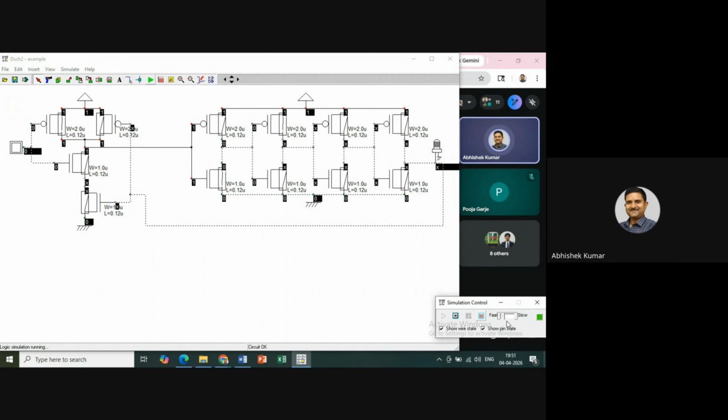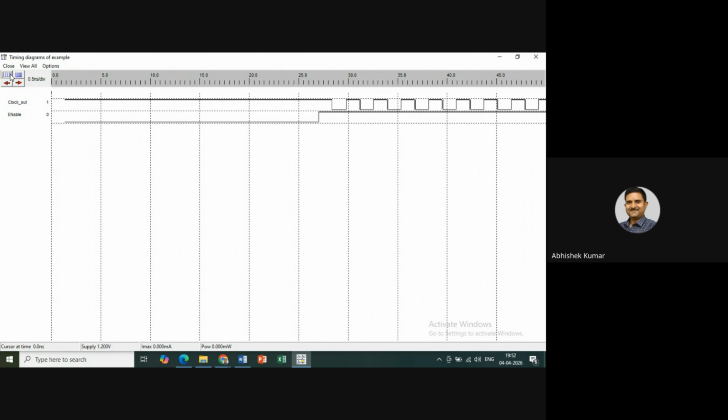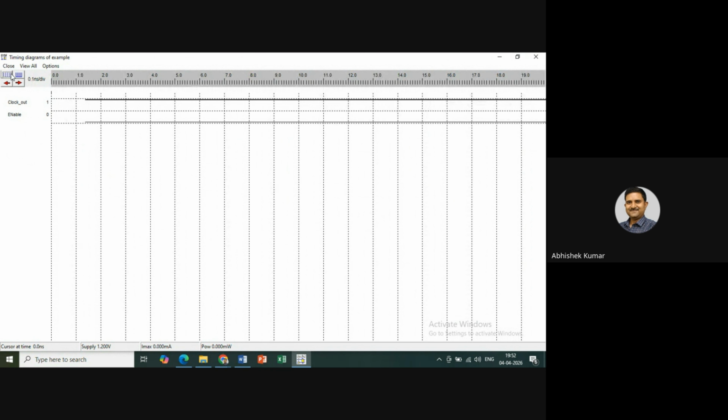Let me take one waveform first. Here I have got this type of waveform. Enable 0, no waveform. Enable 1, there is the waveform. Now, how to measure the frequency of it? That is my interest.